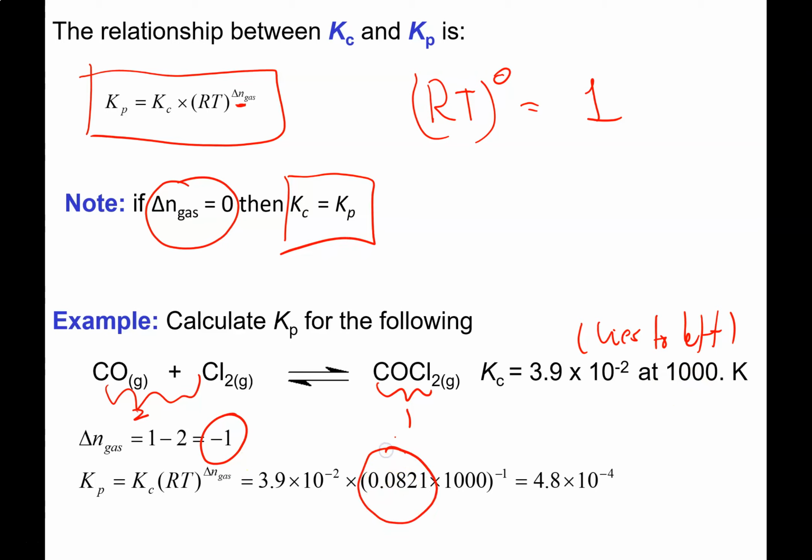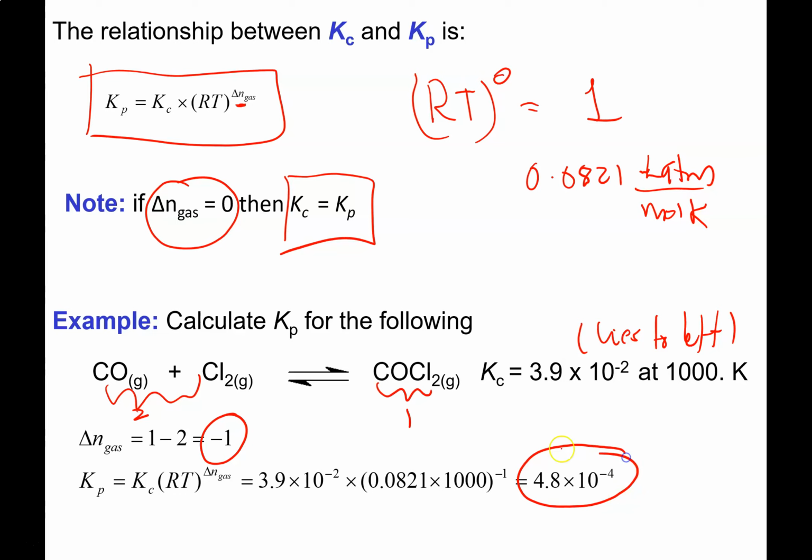The units we're using are liters atmosphere per mole per degree Kelvin, because we're dealing with pressures and concentrations. So not the 8.314 value, which is what we use when we're dealing with energies. I put all of that in and I still get a small equilibrium constant. That's good: if you start with a small constant, you should end with a small constant.